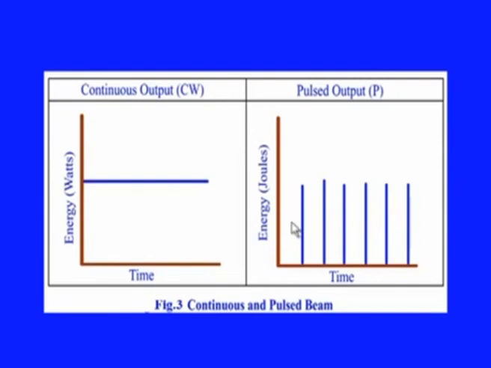Thus, in the output the energy will be obtained in the form of pulses, not continuously. That is why this is called a pulsed output laser.